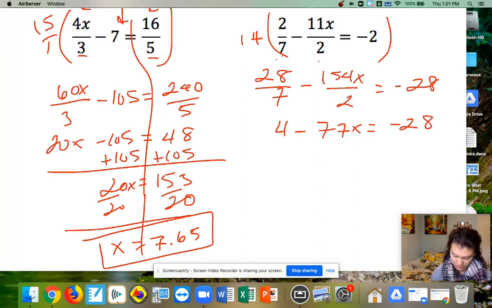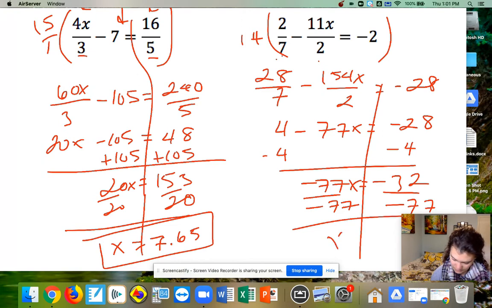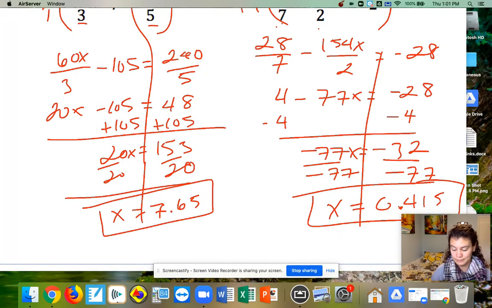And now you can solve like normal. So subtract 4, negative 77x equals negative 32. Divide by negative 77, and x equals 0.415. There you go.